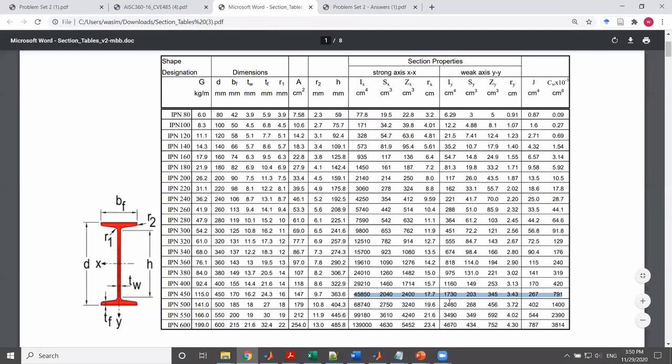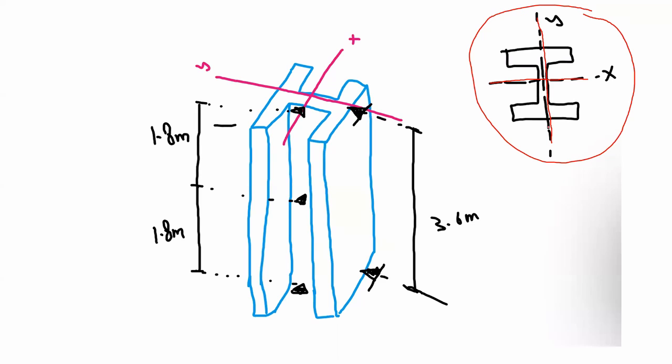That's why the x-axis is considered as a strong axis and the y-axis is considered as a weak axis. But don't let this fool you. Someone might call this the x-axis, and this one might call this the y-axis. So you have to understand by looking which one would be stronger.